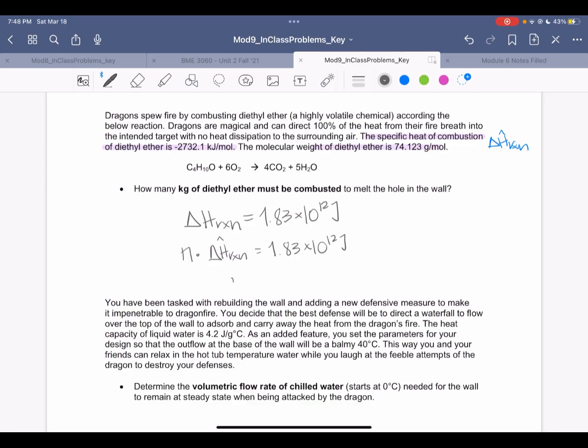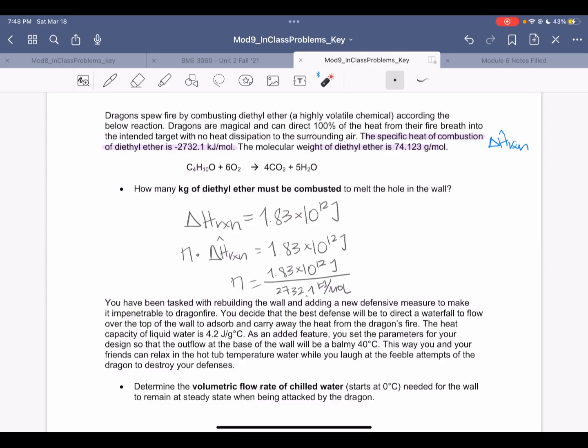So we get that N is equal to 1.83 times 10 to the 12th joules divided by negative 2,732.1 kilojoules per mole. Okay, one thing that is really important is that from the perspective of the dragon, yes, this is going to be negative 2,732.1 kilojoules per mole, right?